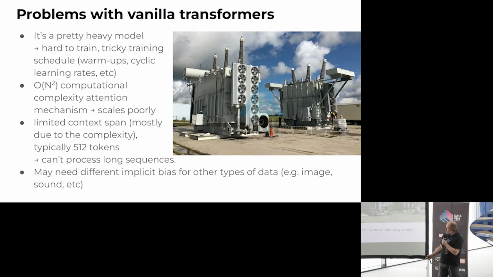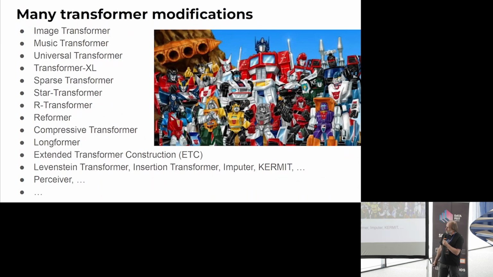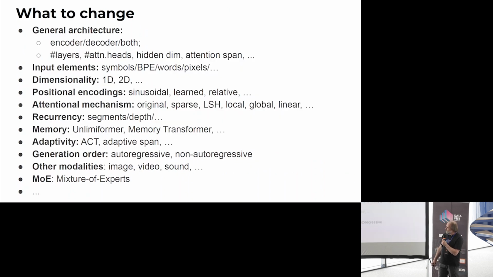A lot of different works later were aimed at overcoming this transformer limitation, using linear attention, sparse attention, and other attention variants, and many tens, maybe hundreds, of different models emerged. In a typical transformer, you can change almost anything. It's like Lego. There are a lot of moving parts. You can tweak almost any of them.